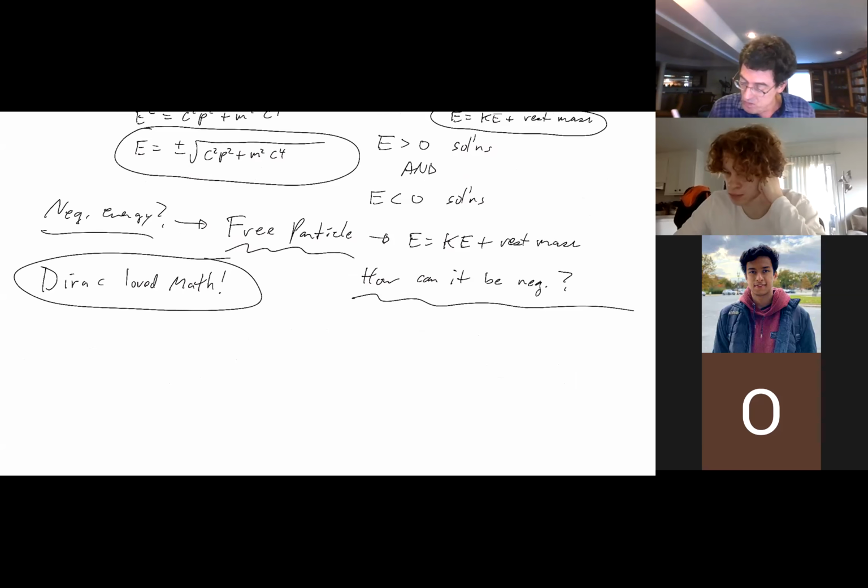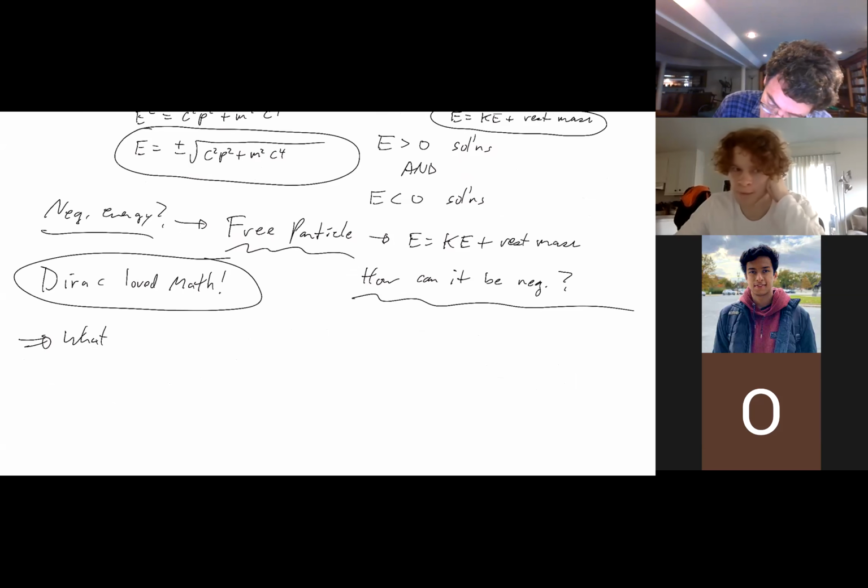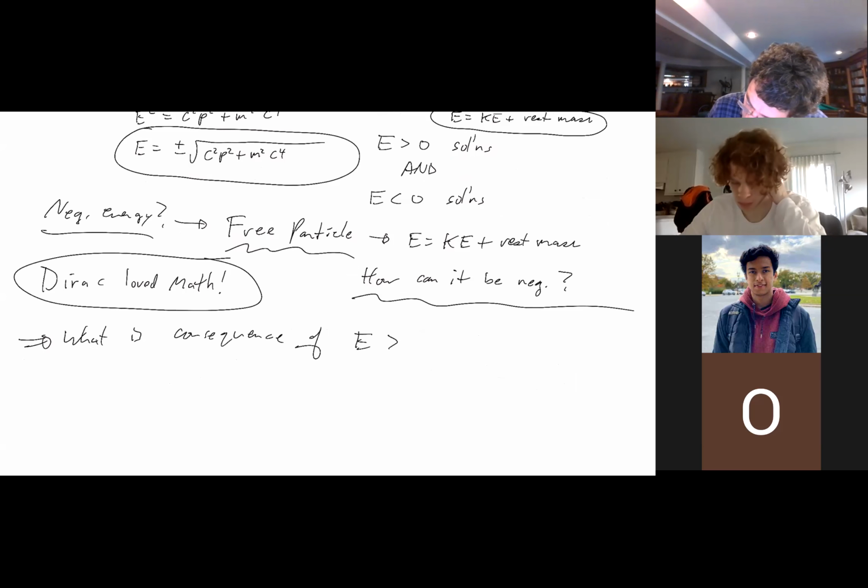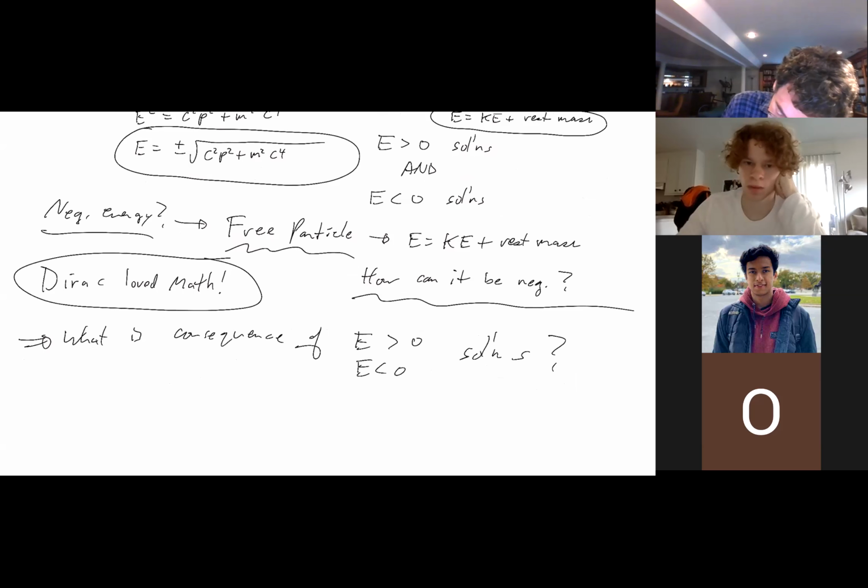So then what is the consequence? What is the consequence of these solutions, E greater than 0 and E less than 0? Well, to find the consequence, let's find the eigenstates.